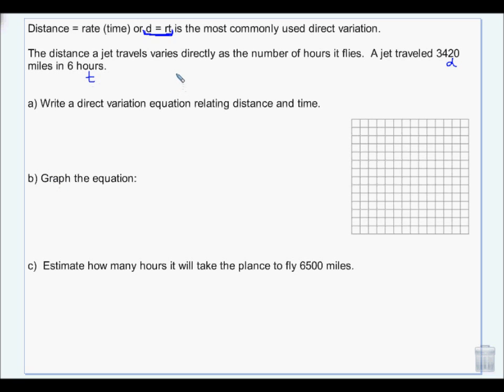What we want to know is rate. So I've got 3,420 is equal to some rate times 6 hours. I divide both sides of the equation by 6 hours.